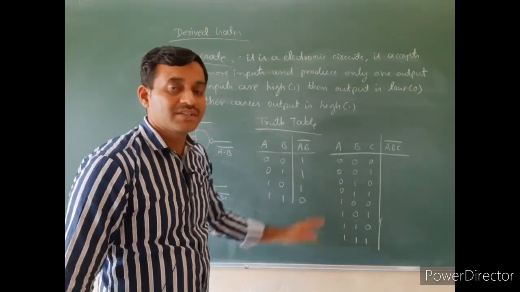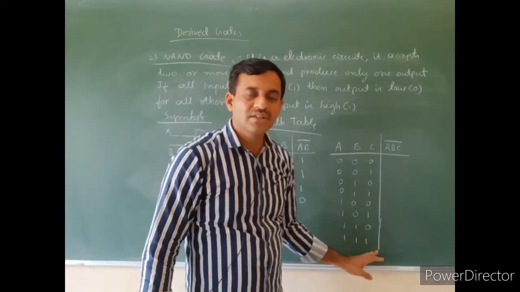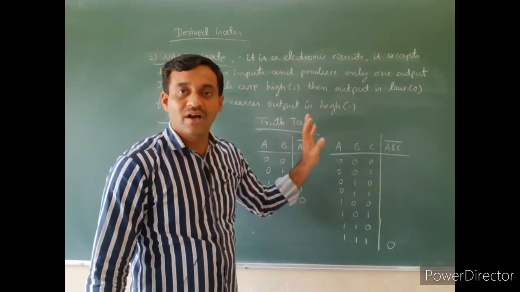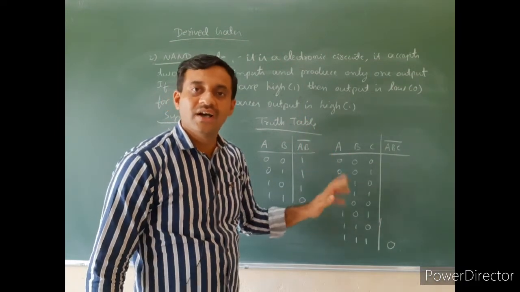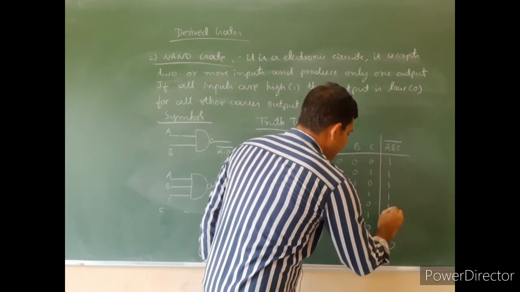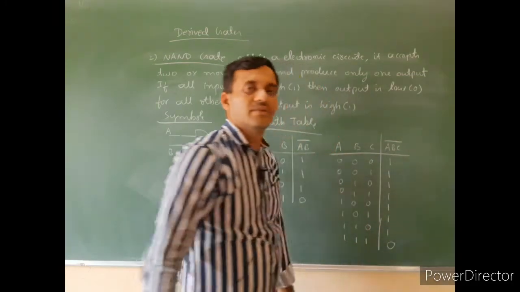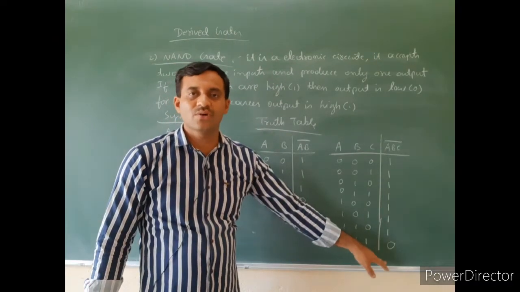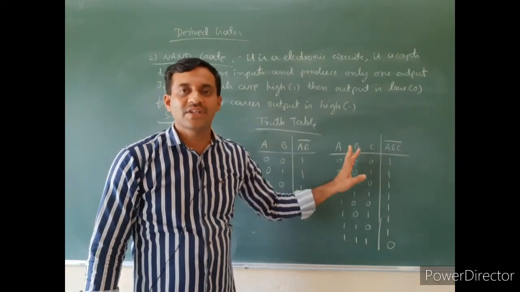What is the condition? If all the inputs are high, then output is low. For all other cases, the output is high. So the output is 1 1 1 1 1 1 1 and then 0 when all the inputs are high.